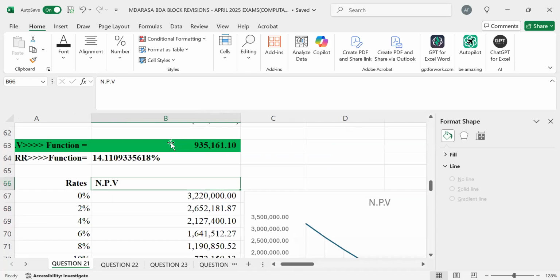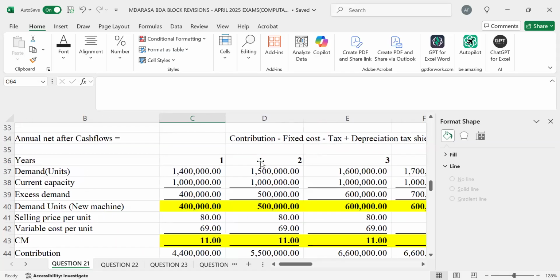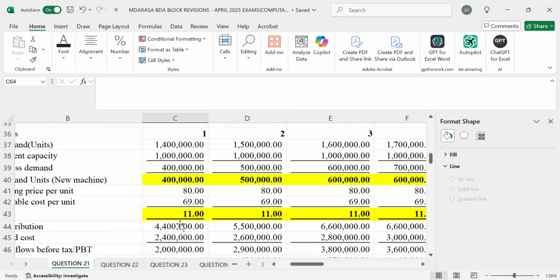Where you feel Mwalimu should explain further, this is the best time to ask. Mwalimu, if you go back a little to the beginning, not necessarily IRR, I want to see your contribution. You are using which units? You used the estimated demands, or what did you use?